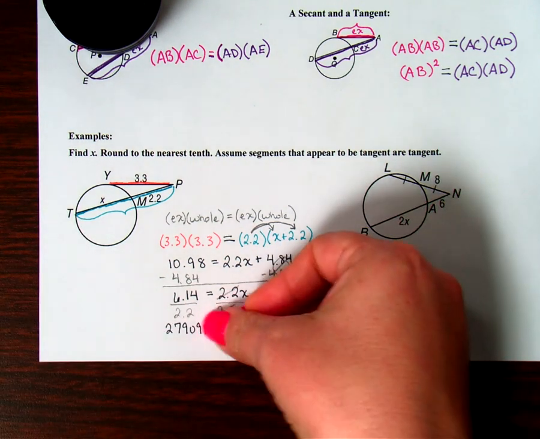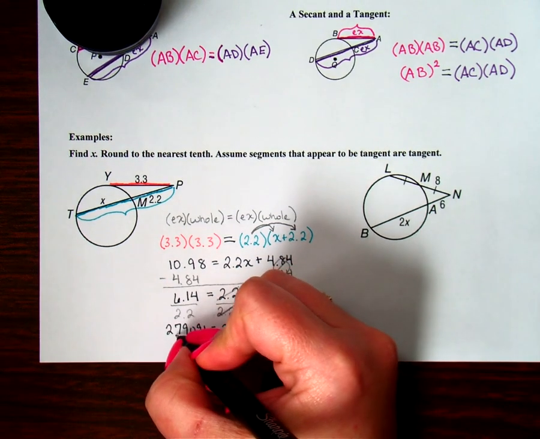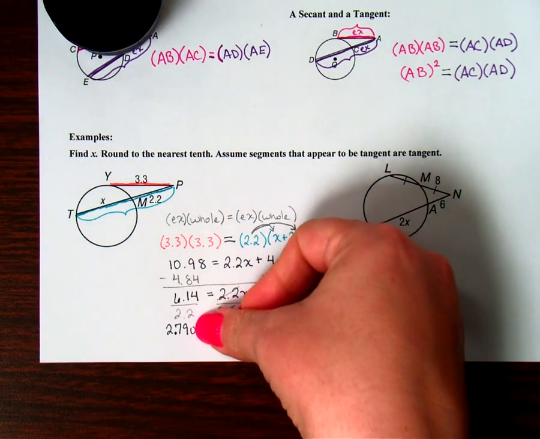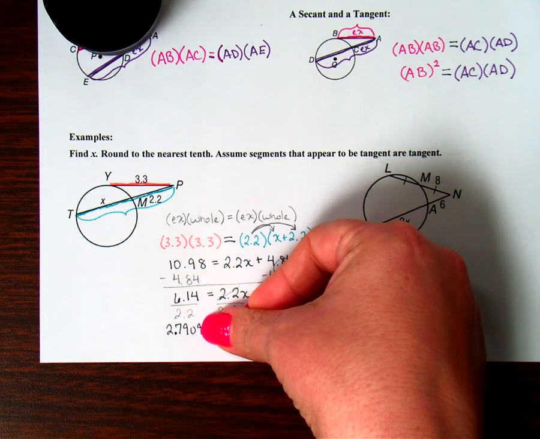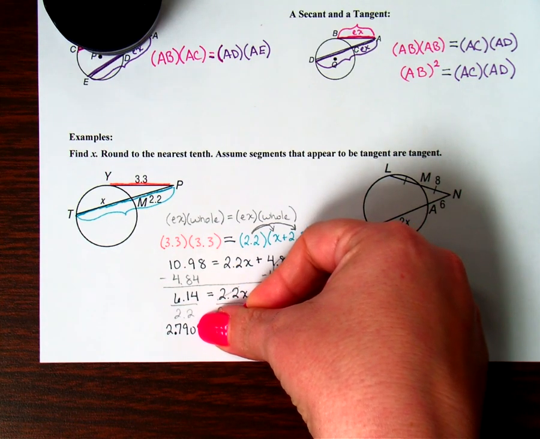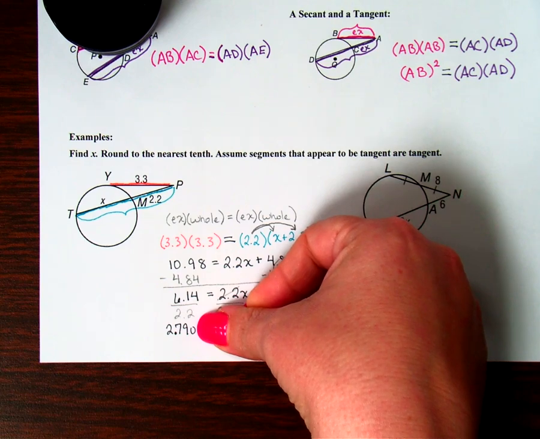And we can round that to 3 decimal places. Oops, I forgot to put my decimal. 2.79. If I look at 3 decimal places, 2.790, and then I look one right after that and say, oh, yep, I need to round that up. So it's going to be 2.791.